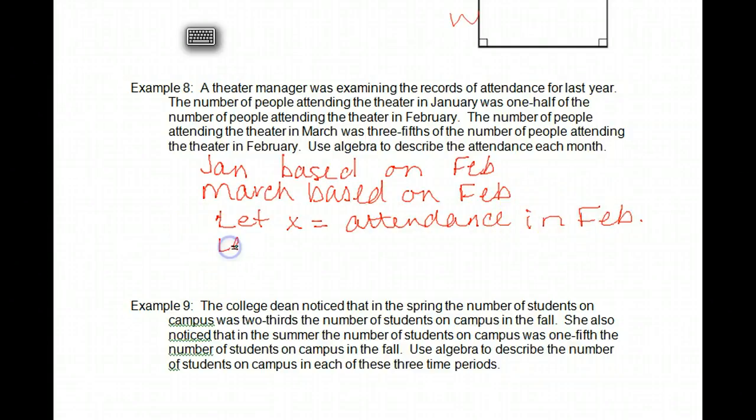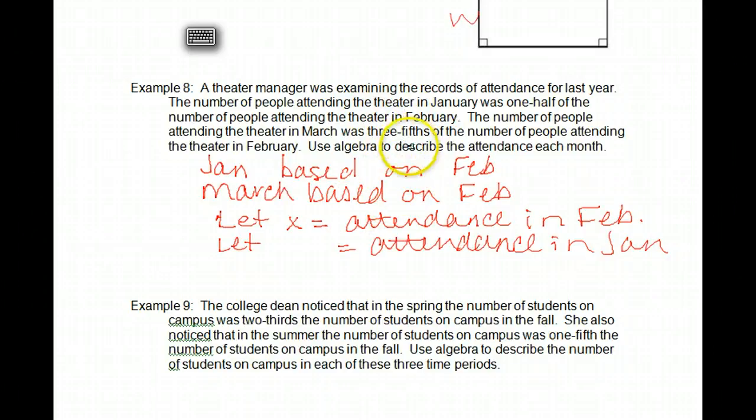And we can then use the attendance in February to figure out the attendance in January and March. So we will go back into the problem, and it says that January was 1/2 of the number of people that attended in February. If February's attendance was X, 1/2 of that would be 1/2 X.